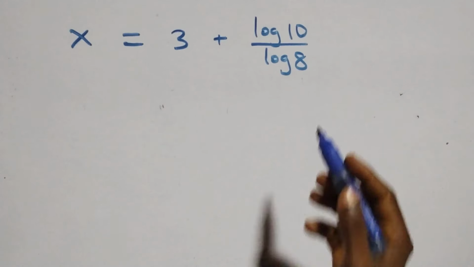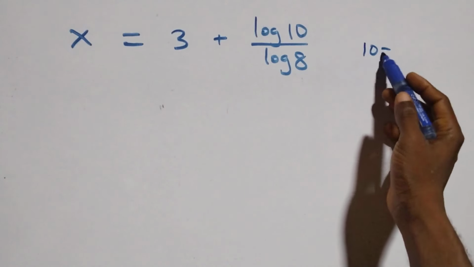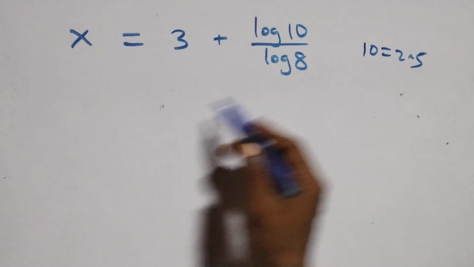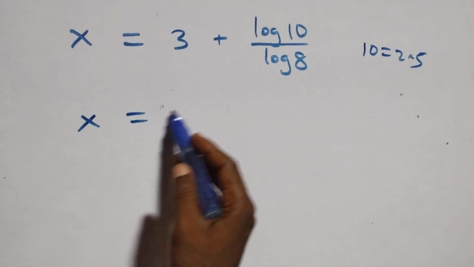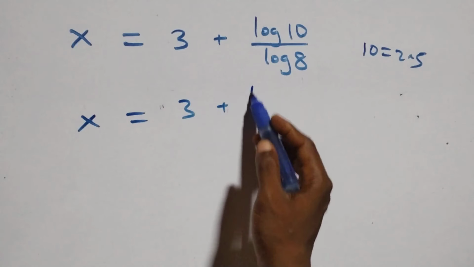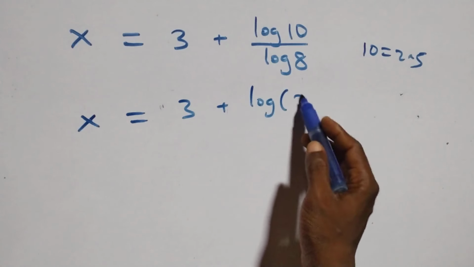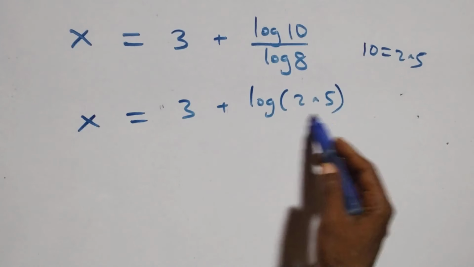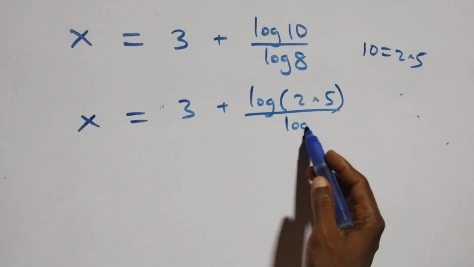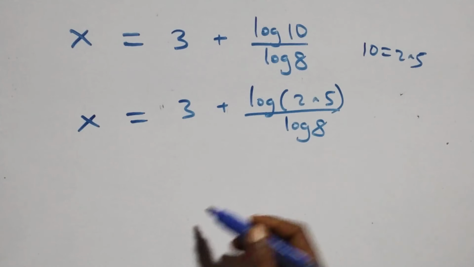Next step here also, we can write 10 as 2 times 5. And here we have x equals 3 plus log of 2 times 5 over log 8. And this also follows the law of logarithm.